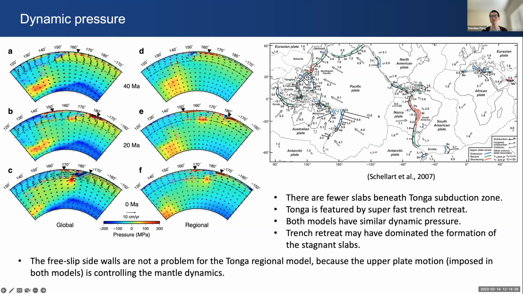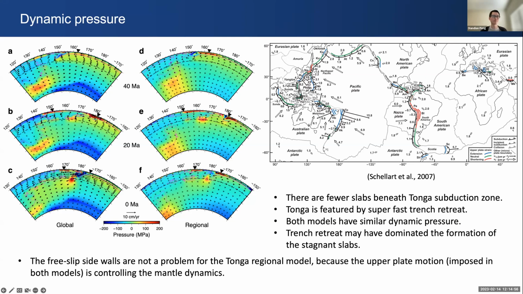On the northern edge, it's over 15 centimeters per year. This is really fast. But for East Asia, the trench motion varies. Sometimes it's trench advance, and in some places it's trench retreat. So this is a very important difference in the plate motion history between Tonga and East Asia.